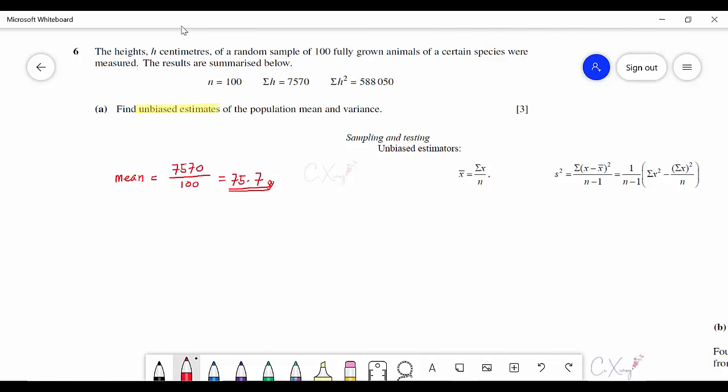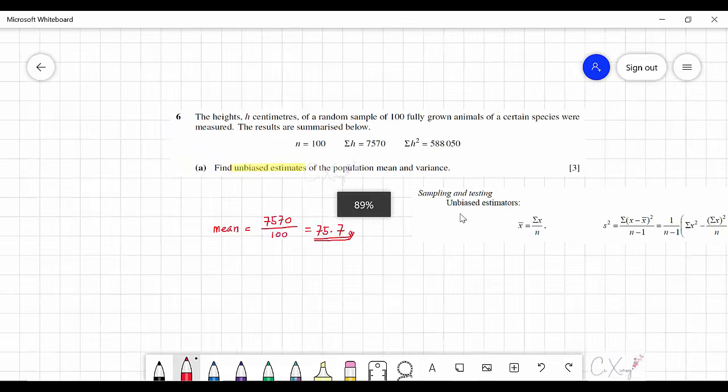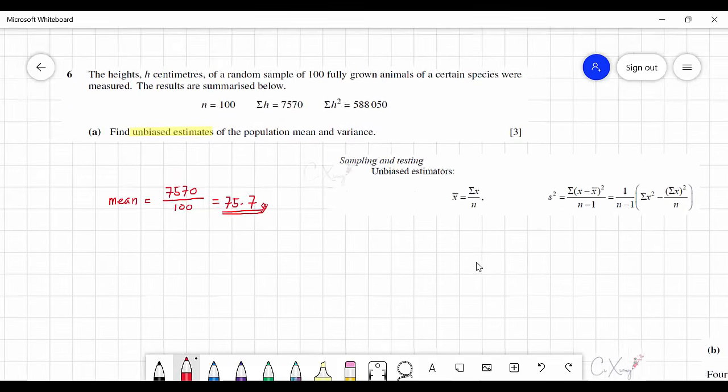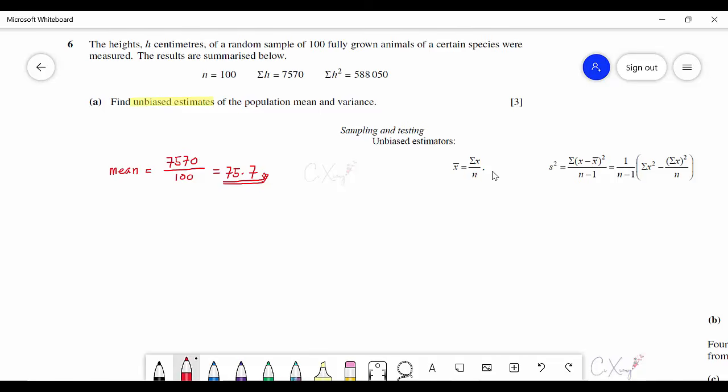Then now you want to get the unbiased estimate for variance. According to the formula here, you can see that there are two formulas. We are using the second one, because according to the data that we have, this is the more suitable formula.